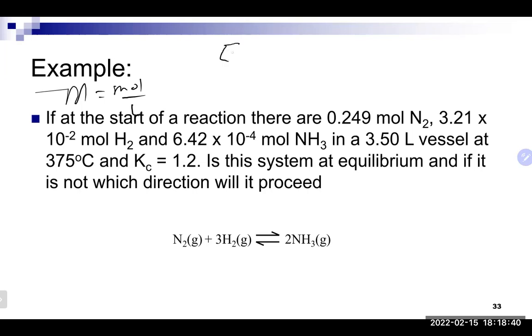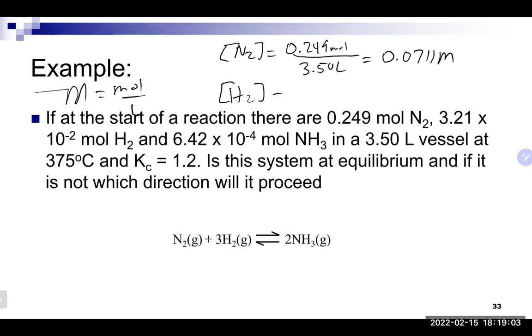The concentration of N2 would be the moles, 0.249, divided by 3.5 liters, which gives something like 0.0711 molar. For H2, it's 3.21 times 10 to the minus 2 moles, divided by 3.50 liters as well.